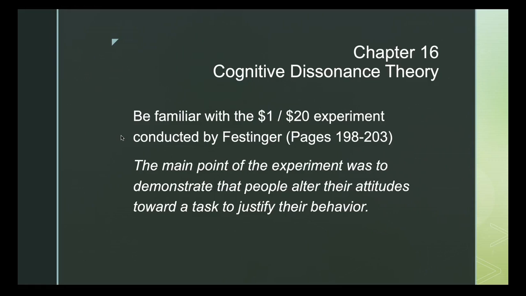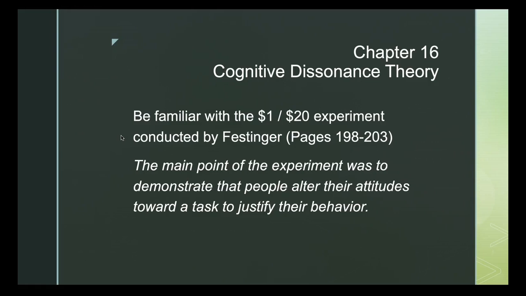Those that did it for $20 didn't have as much qualms about doing it, but those that did it for $1 actually changed their attitude and convinced themselves that it was fun, so they didn't have the dissonance created by telling this person that it was fun when it really, in fact, was not.